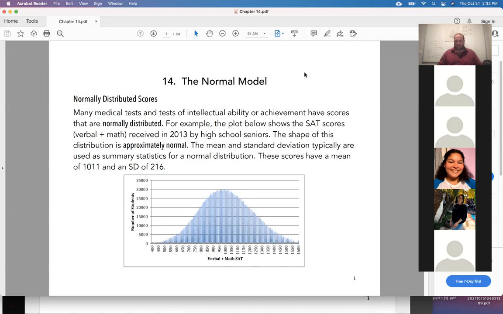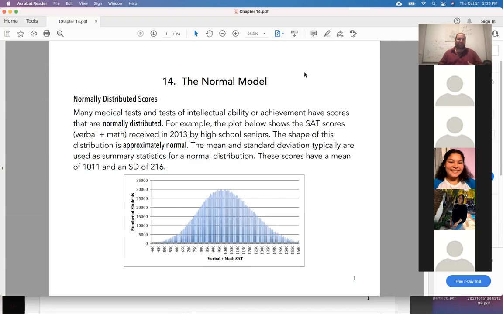Height, for example: the average height of a male American in their 20s is probably something like 5'8", 5'9", and you have most people around there. A few inches taller, a few inches shorter, but you don't really have lots of people that are 7 feet tall or 4.5 feet tall, right? It tapers off on both sides.